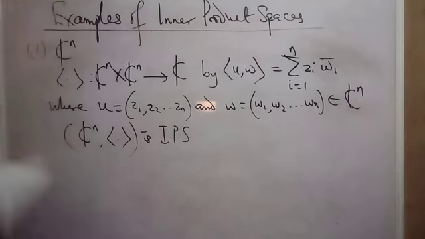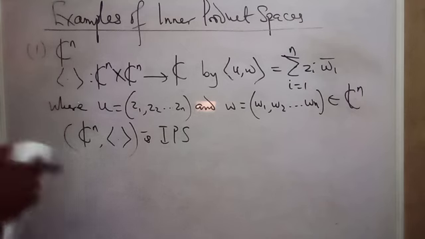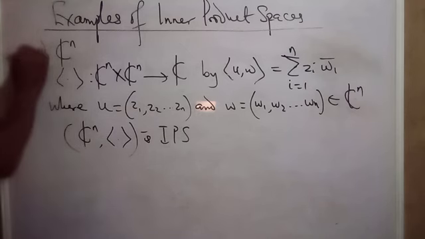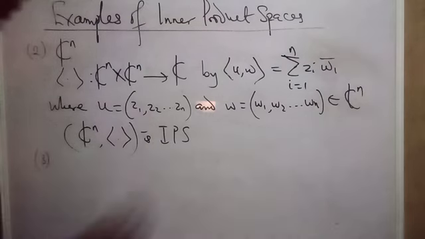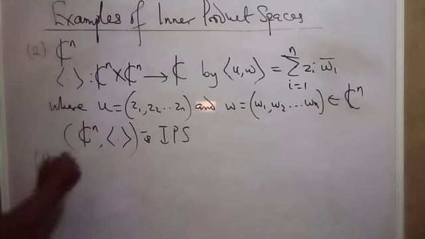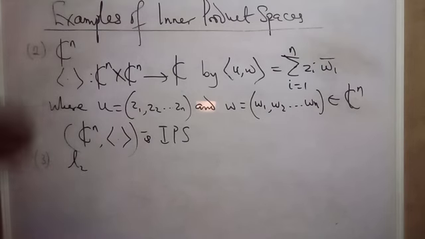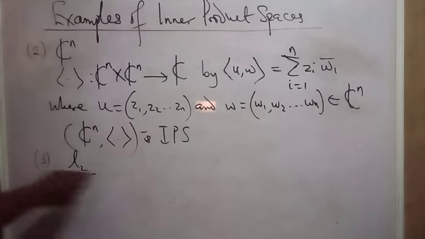Okay, so let's look at example number 3. Shall we give more examples? Another example, after number 2, is the linear space L2. What is L2? I've explained this to us before. This is a sequence space.